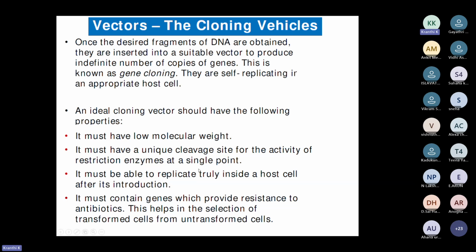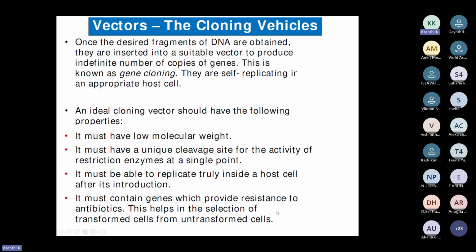So it must be able to replicate truly inside a host cell and its introduction. Okay. So after introducing the foreign DNA into this vector also, it should replicate. It should not die, right? It should replicate. Then it must contain genes which provide resistance to antibiotics. This helps in the selection of transformed cells from untransformed cells.